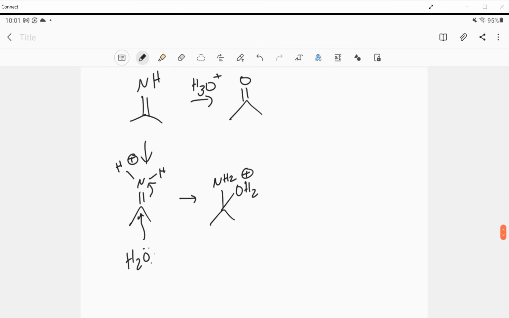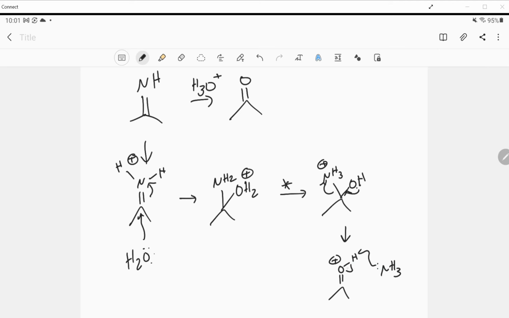We can go ahead and do a proton shift, and then close this down. And our amine can come in and grab a proton, giving us the ketone at the end. That's all that's happening. So we're just hydrolyzing our imine, forming the ketone where that was. Thank you. Okay, cool.